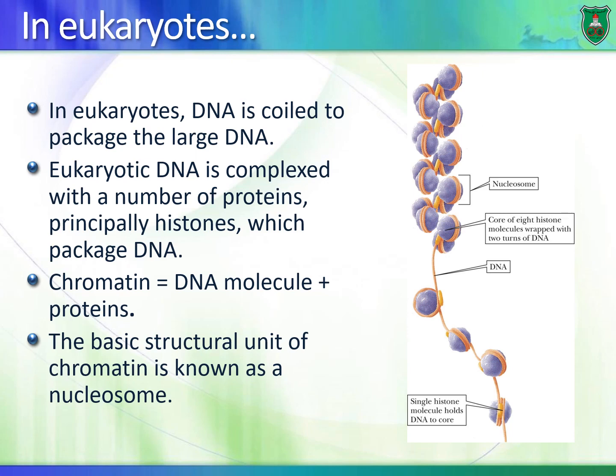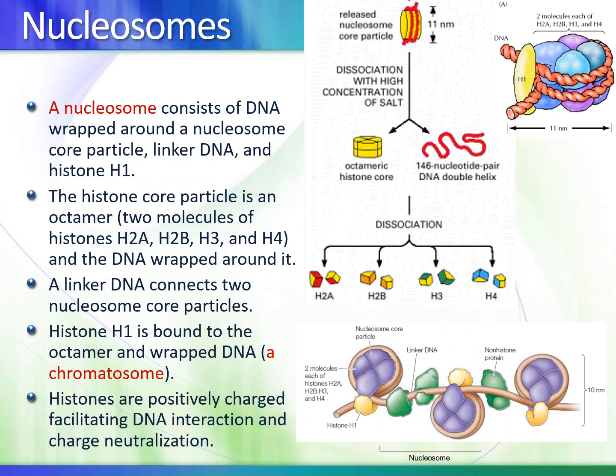Okay, so let's go into the nucleosomes and how they look. If you look at them, you can see that you have DNA that is wrapped around proteins, and these are the histones. Then you have DNA that is free of histones, and then another cluster of histone proteins with DNA wrapped around it, and so on.